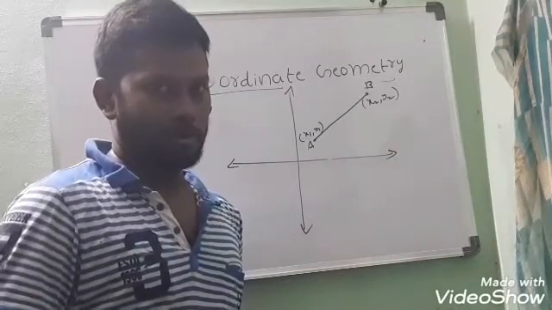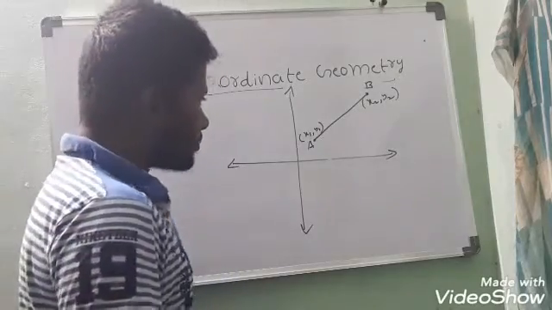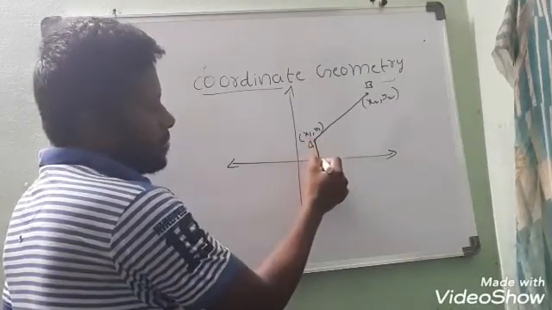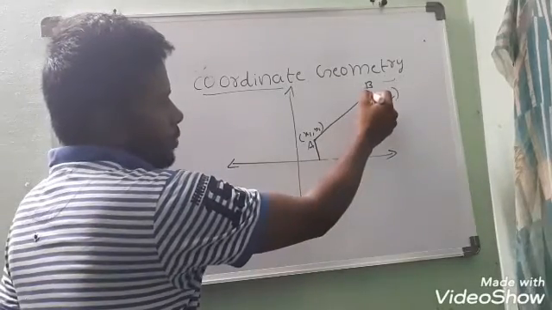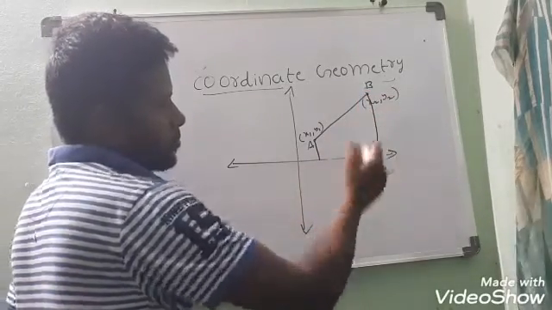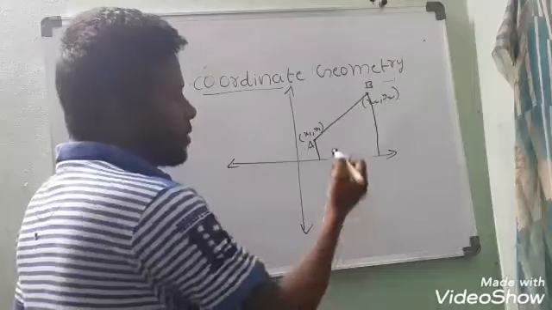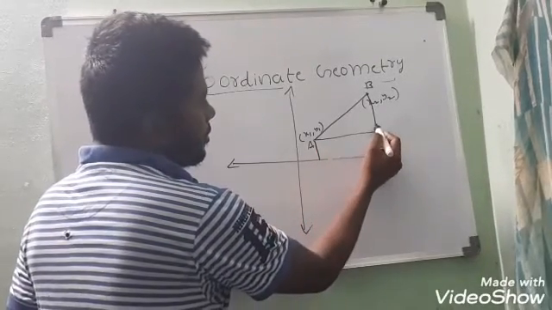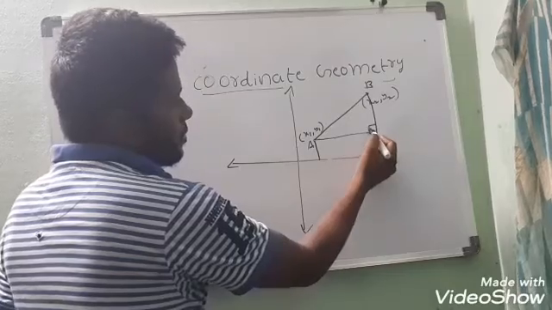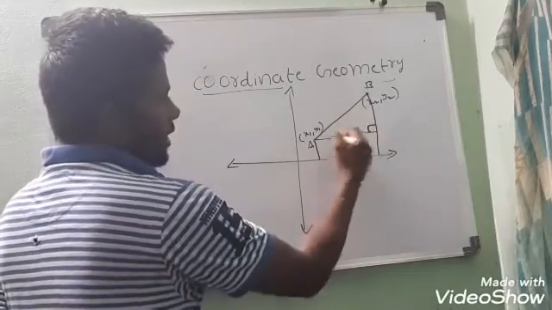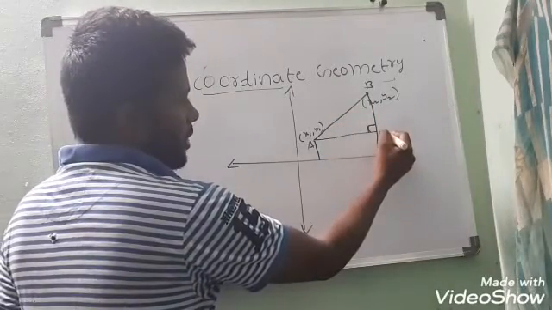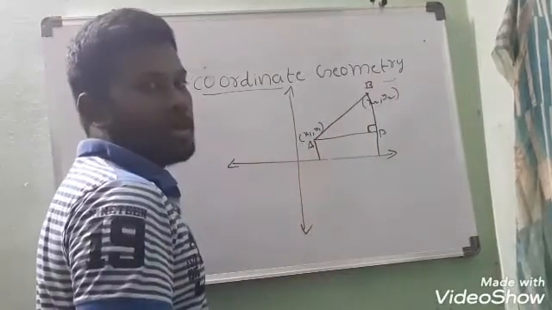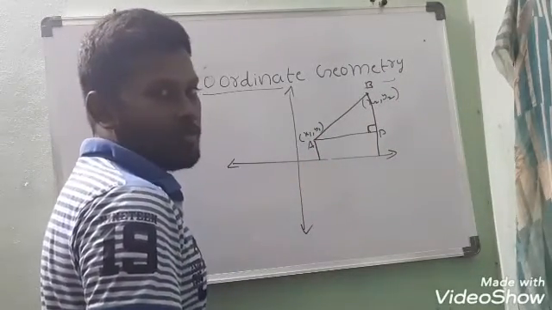See, here I am drawing perpendiculars to the x-axis from the two points A and B. Now join this. Can you see this triangle? Here I am taking one point P. This triangle APB looks like a right angle triangle.